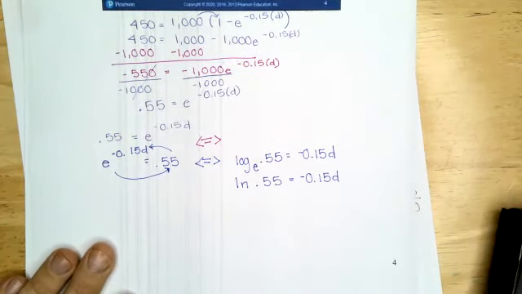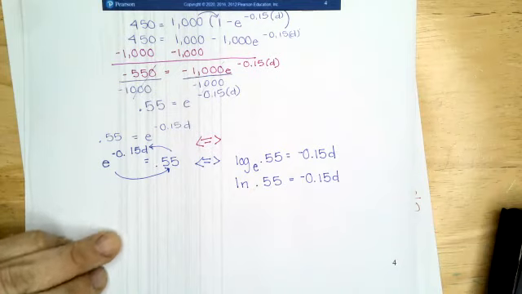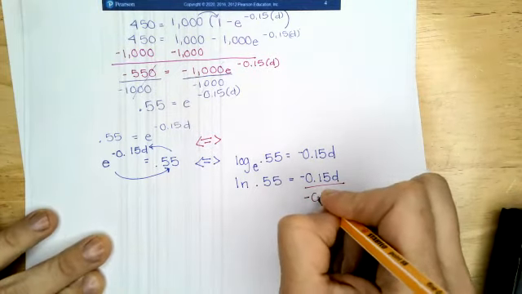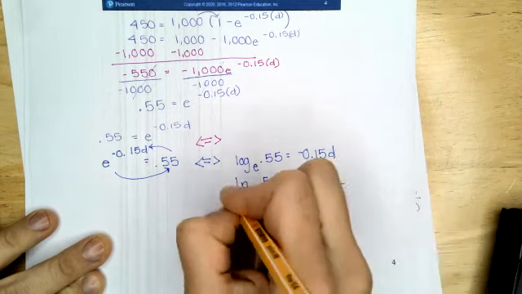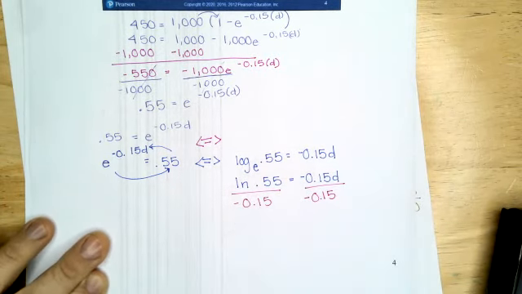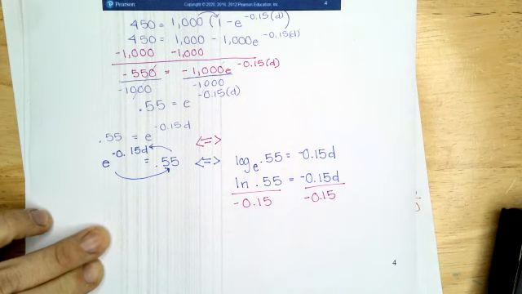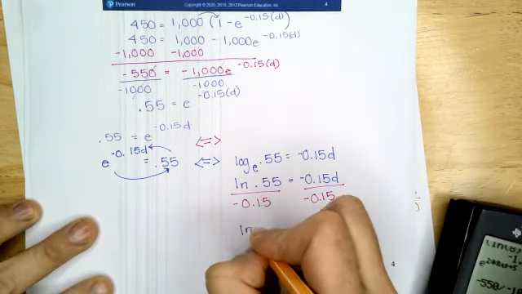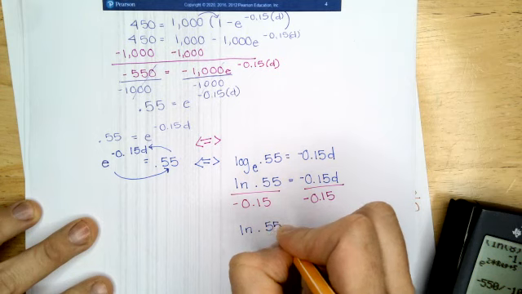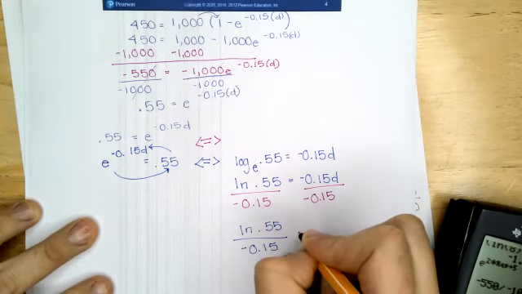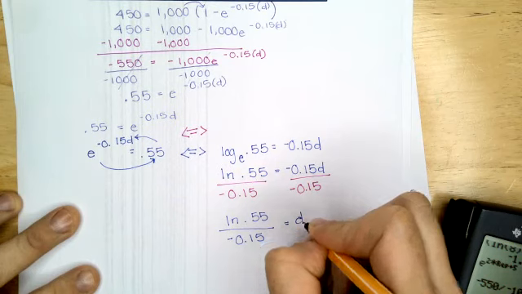Good. All right. Just like we did before, we don't need to figure out what that number is. We just need to divide it by negative 0.15, divided by negative 0.15. Good. And what we get is the natural log of 0.55 over negative 0.15 is the number of days.